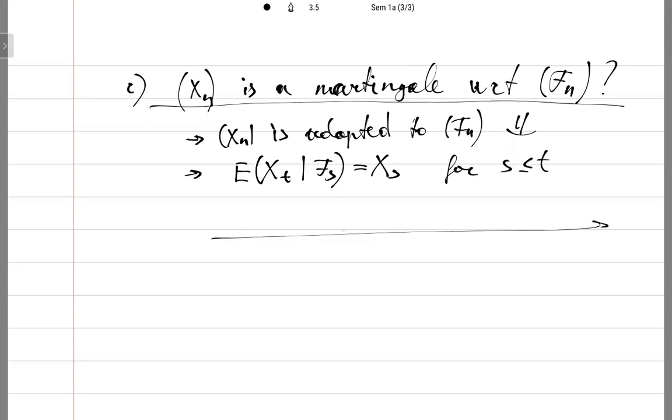So I have 2 moments of time, s and t, and I'd like to forecast the future value of X given my present information. We have not checked that yet, so maybe this property is satisfied, maybe not, but that's the defining property for a martingale.